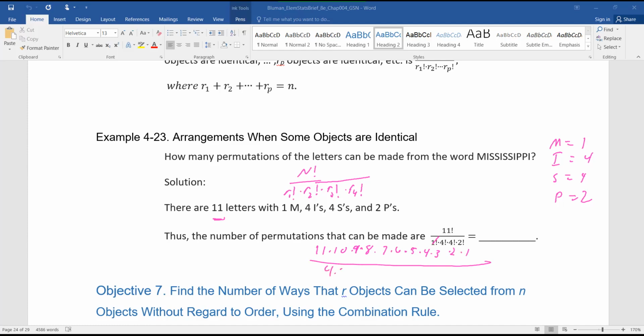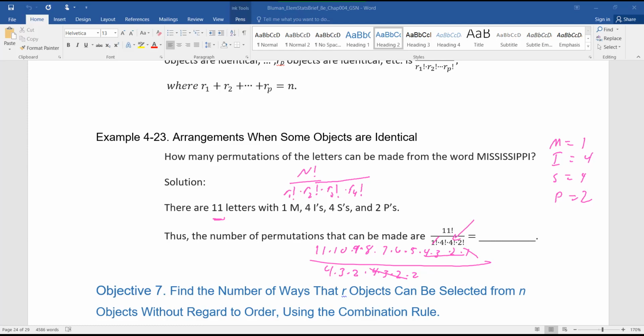I have 4 times 3 times 2 times 4 times 3 times 2 times 2. All right. And then what they did is simplify this. So I don't need that 1. I can eliminate one set of 4 3 2s because I have 2 sets of 4 factorials. So I have 4 3 2 1, 4 3 2 1, and then 2 1. I just didn't write the ones because they're not necessary.